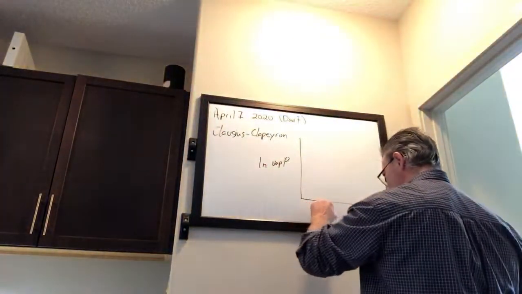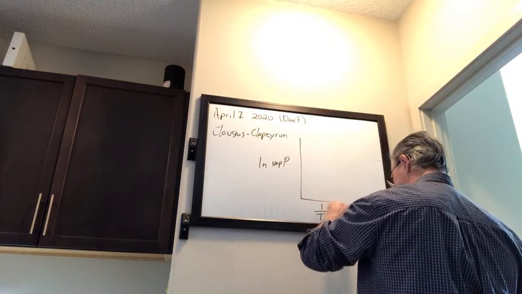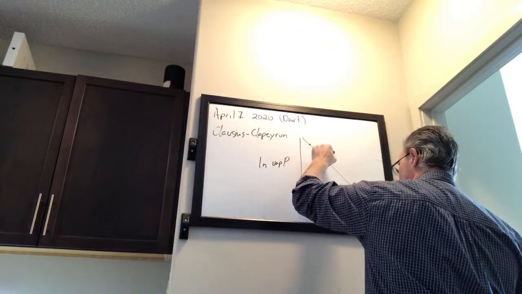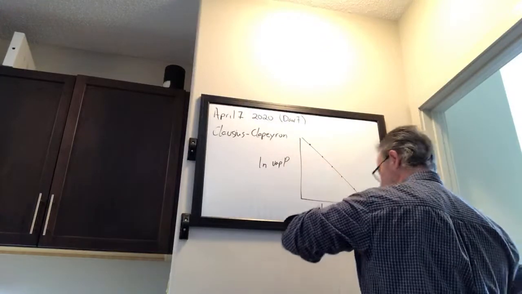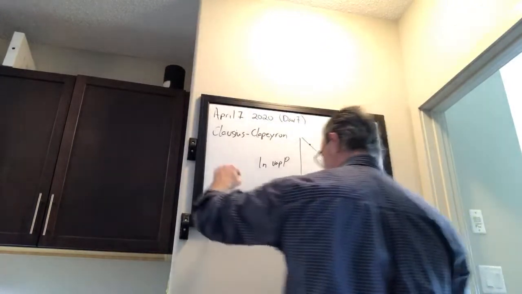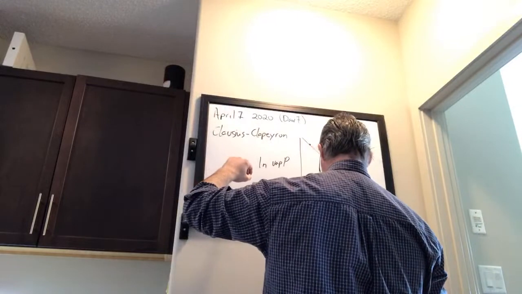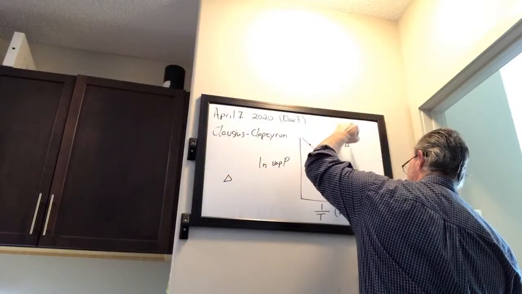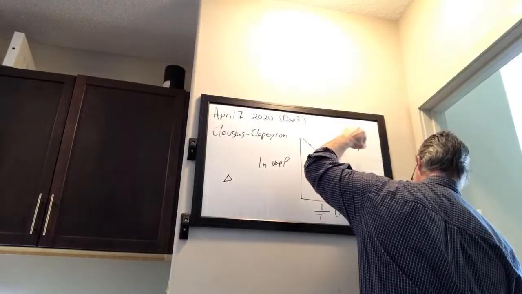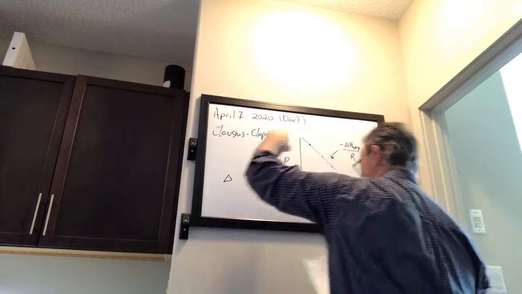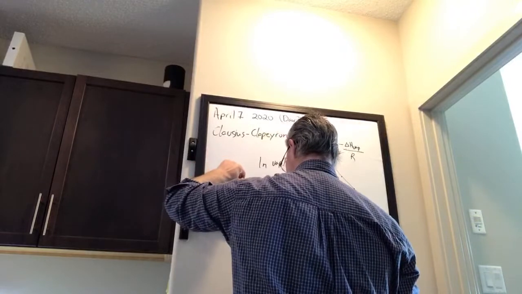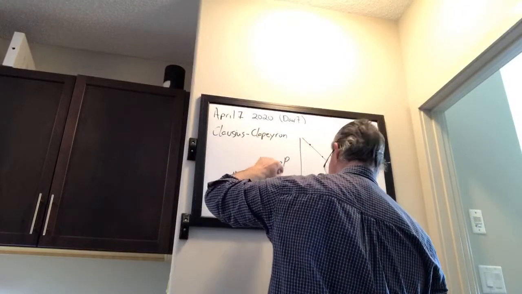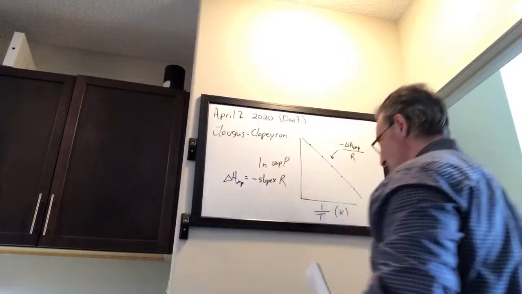Versus the reciprocal of the absolute temperature in Kelvin, you're going to get a line with a negative slope, and the line will have a slope of negative delta H vaporization over R, so that delta H of vaporization will equal the negative slope times the value of R, whatever units you happen to be using.